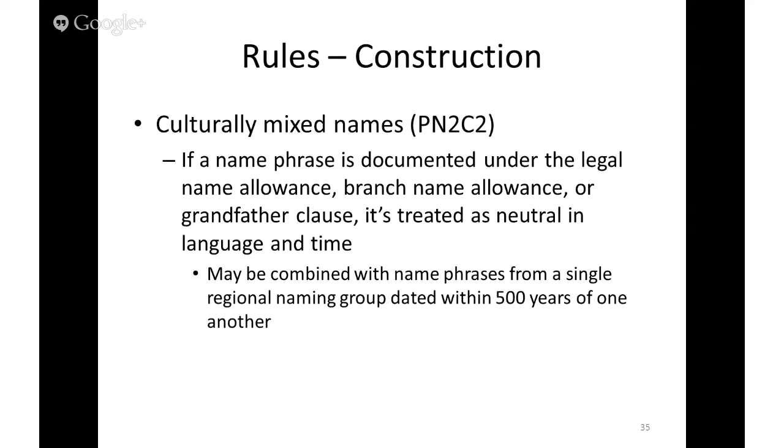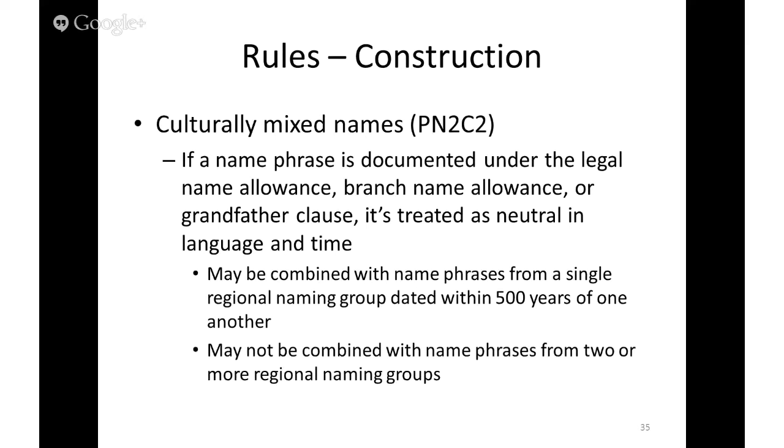Now, if I can document Julian as an English name or as a French name, then I can combine those two. But off the legal name allowance, I'm only allowed 1 regional naming group. Legal names may not be combined with name phrases from 2 or more regional groups. And I didn't say it before, you're always limited to 2 regional groups.